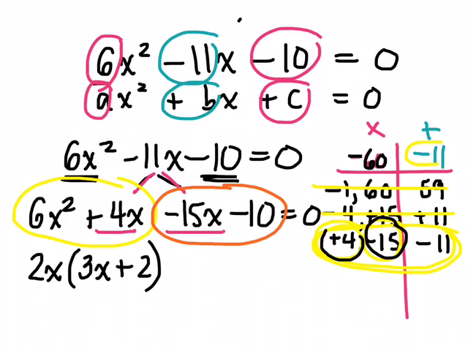Common factors of negative 15x and negative 10 are negative 5. So what's negative 15x divided by negative 5? A negative and a negative gives us positive. 15 divided by 5 is 3x. And then I have a negative divided by a negative again. Positive. What's 10 divided by 5? 2.